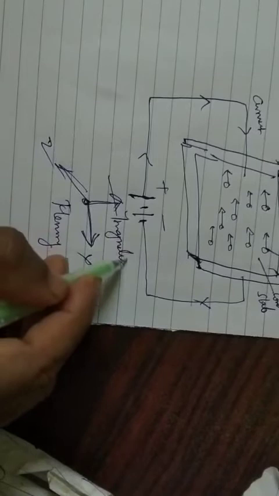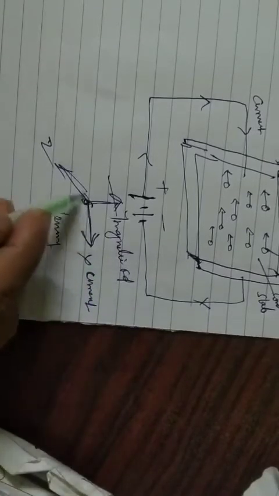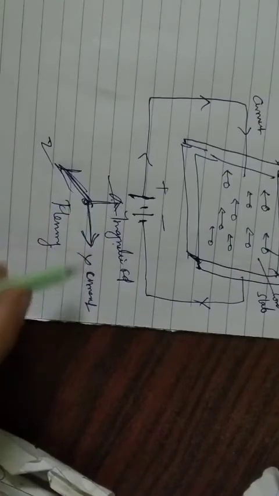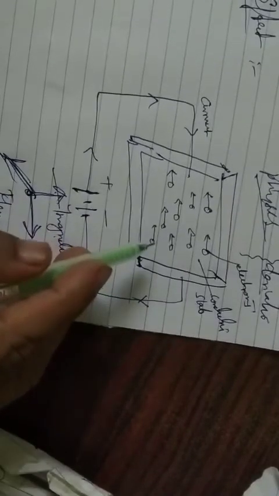If you apply the magnetic field, the electrons flow in the direction perpendicular to both the magnetic field and the current. This is the Hall effect.